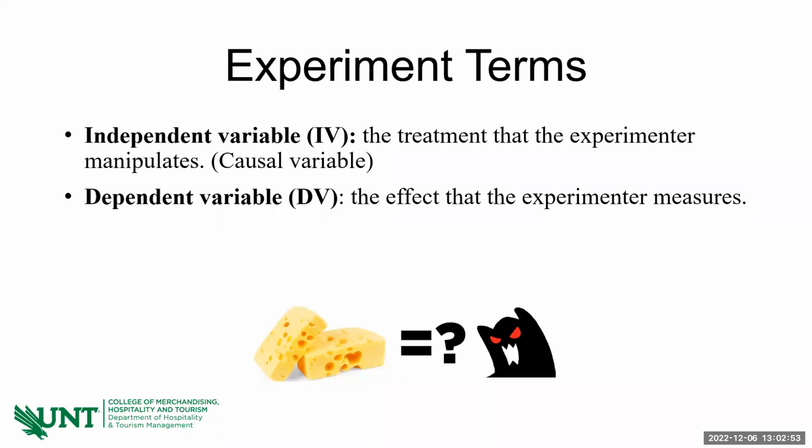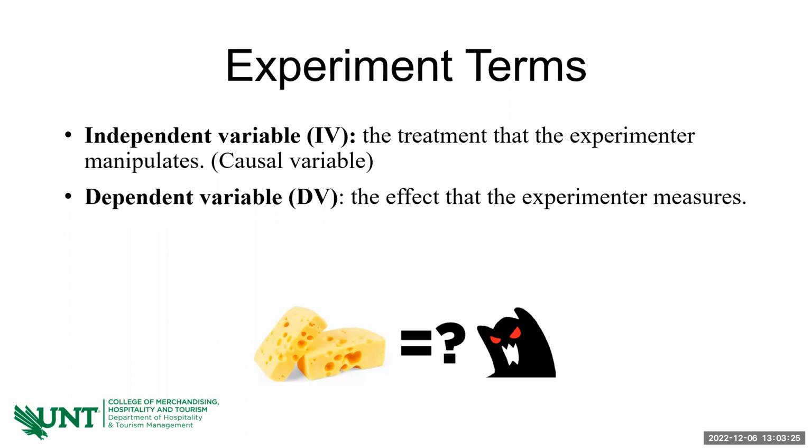So let's get into our experiment terms. First, in an experiment, we have an independent variable and a dependent variable. That is the same as any quantitative research. But it is a little different in experimental design, in that the independent variable is the treatment or the manipulation the scholar gives to our participants.